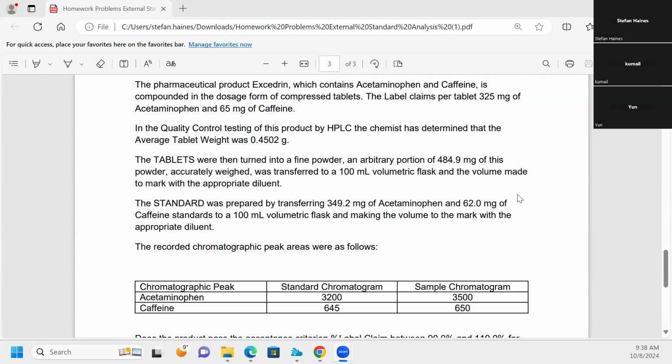We have to multiply that by 100 to get to the amount. Give me the weights. 62 milligrams, 48 milligrams of caffeine in the 489 milligrams of the powder. 12.88% of that powder will be the caffeine, so multiply that by 325. 41.8 milligrams.